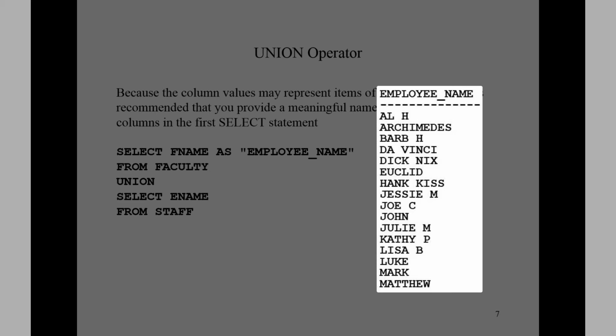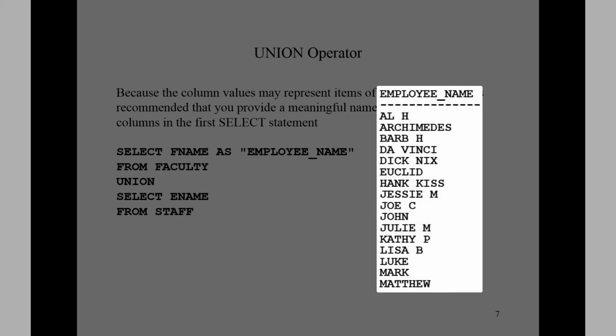Thus, there were no duplicate name values encountered in the processing of this statement. This means we cannot confirm the duplicate removal behavior of the union operator from running our first couple of queries.